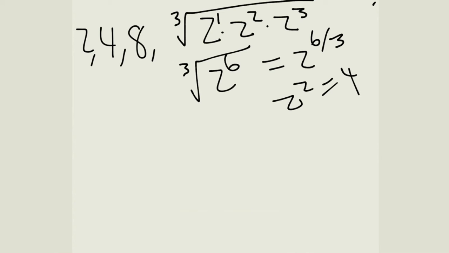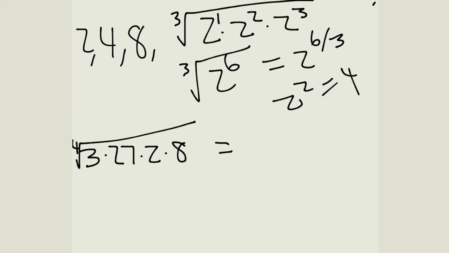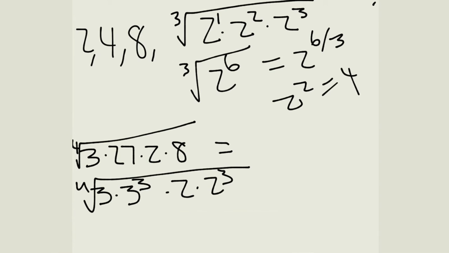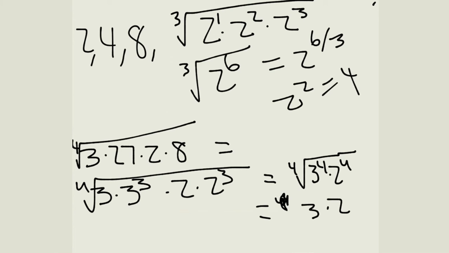Okay, so now let's try something a little harder. The square root of that would equal 3 times 3 to the 3 times 2 times 2 to the 3, which would equal the 4th root of 3 to the 4, 2 to the 4, which would just equal 3 times 2 because these cancel out.